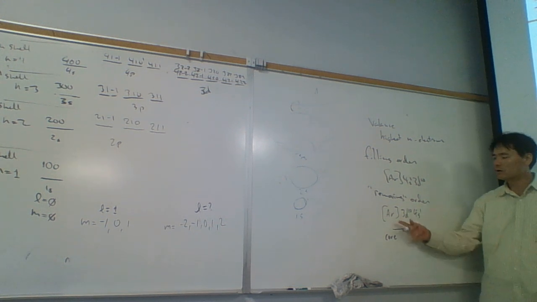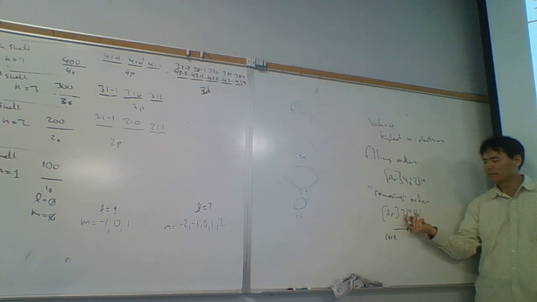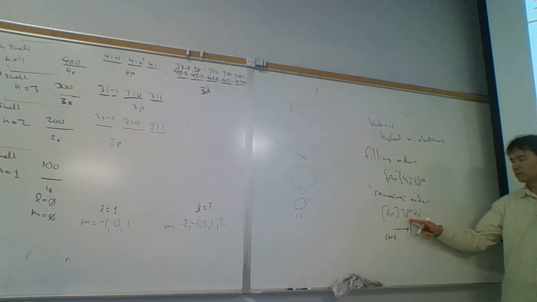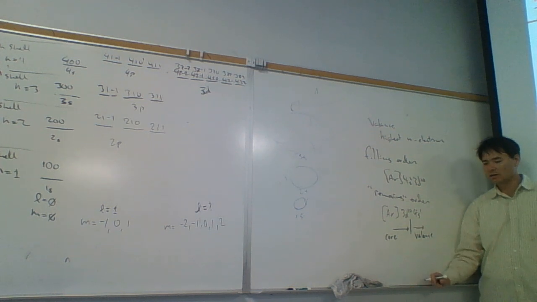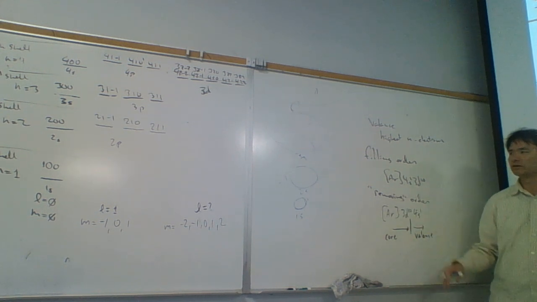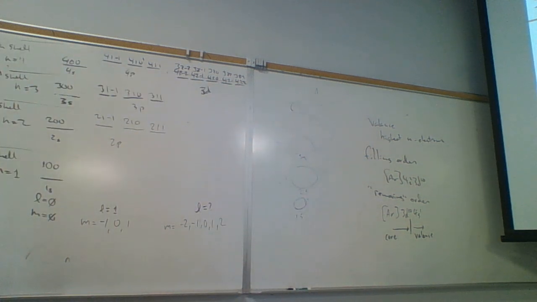On top of the argon core, we have the filled subshell, the 3d. The filled subshell, the 3d10, is stable, except for copper, which can lose 1 of them, so it takes 1 slice out. Then we have the valence electrons. Here, the valence electrons would be the highest, and so copper technically only has 1 valence electron. But if you're an oxidizer, you might be able to attack this 3d, which is not part of a filled shell. It's a filled subshell. Filled shells are more stable than filled subshells.